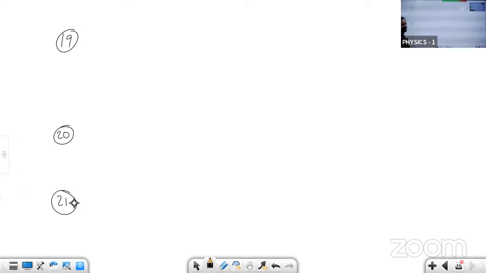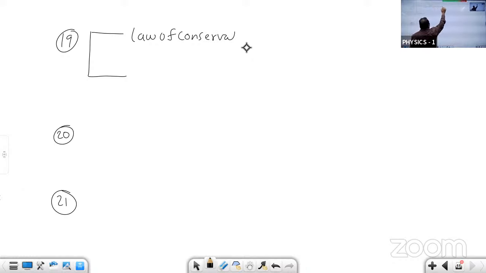This is your LAQ zone, long answers for the upcoming supplementary examination. 19th, with purpose, you are reading 2 questions: the law of conservation of energy with a bullet problem.